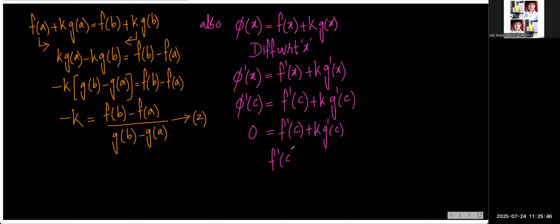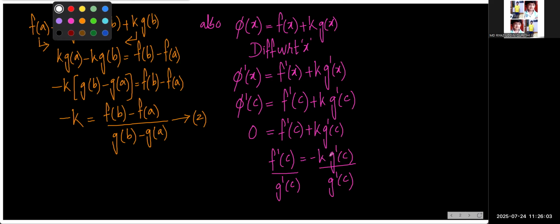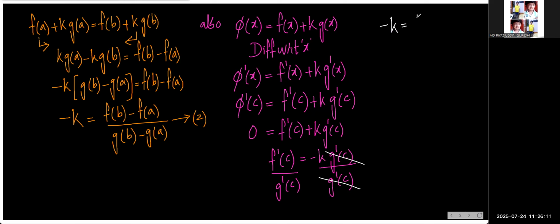F dash of c is equal to minus k into g dash of c. So we divide g dash of c on both sides. These values are cancelling. Then finally, minus k is equal to f dash of c by g dash of c.